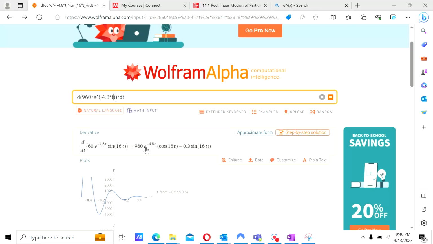So we're just basically writing out the velocity. Now we're going to find the acceleration by deriving, times cosine of 16 times t minus 0.3 times sine of 16 times t.